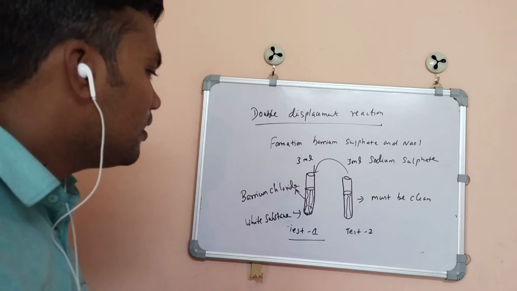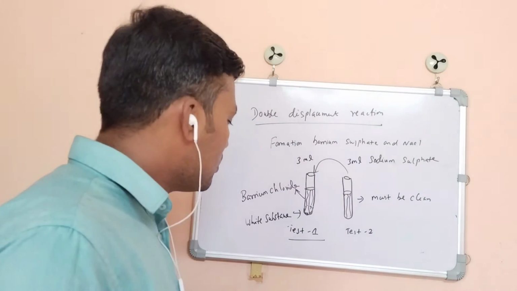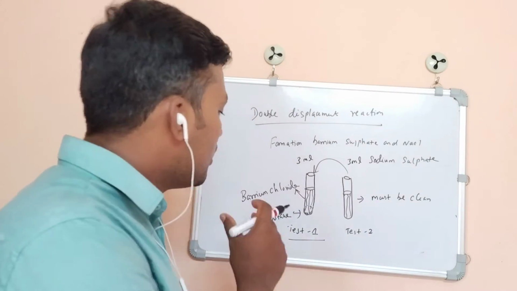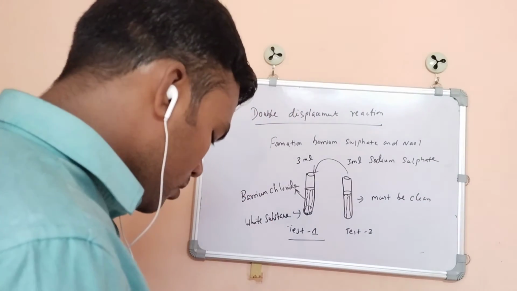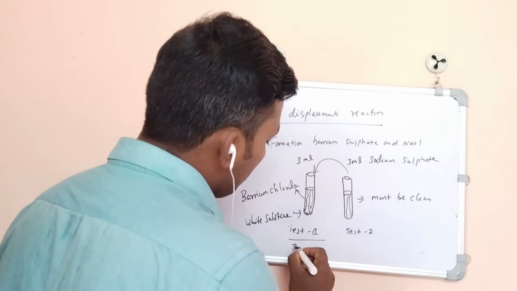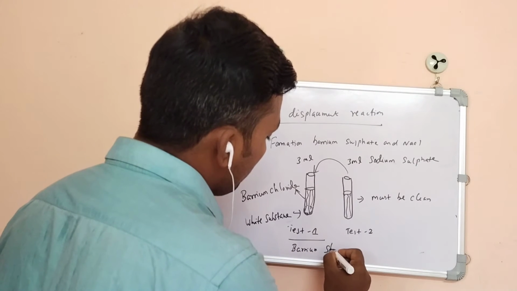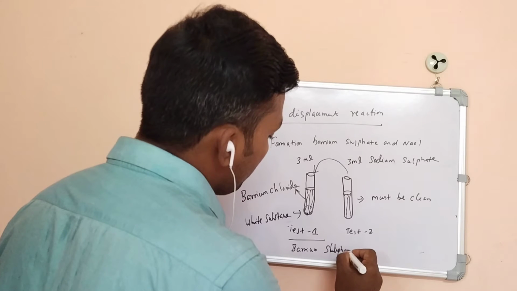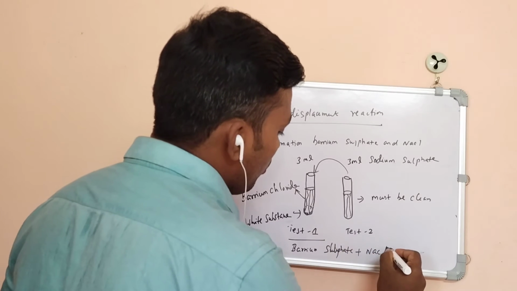That indicates the sodium sulfate solution is reacting with barium chloride to form barium sulfate, along with the formation of sodium chloride.